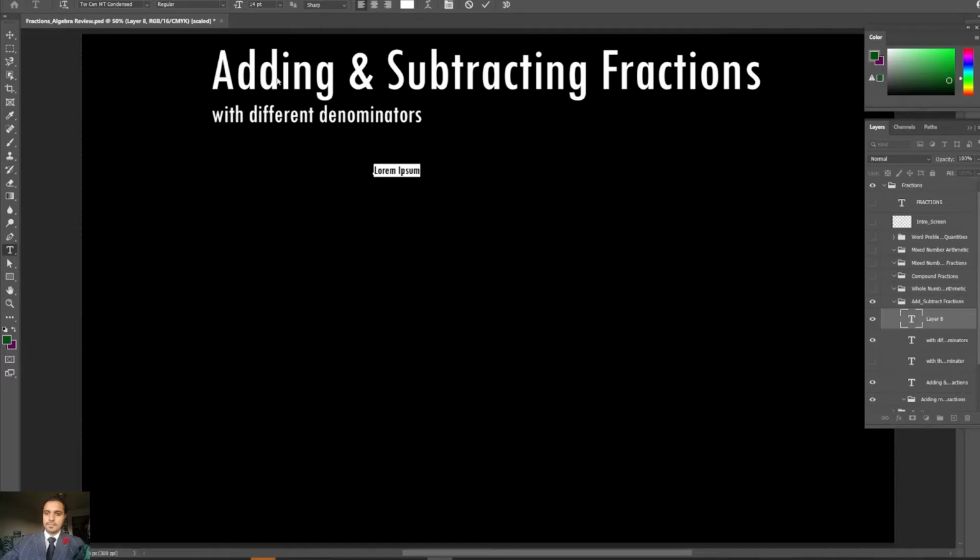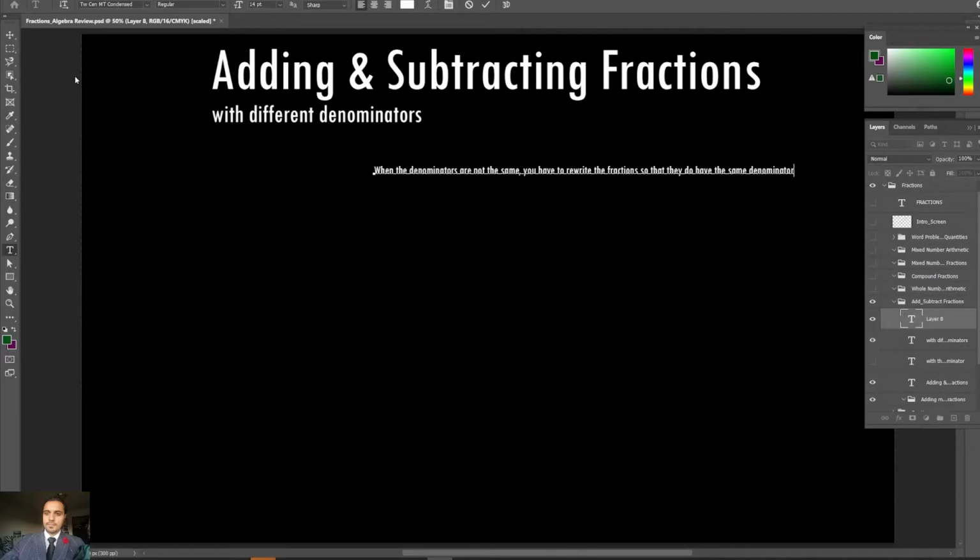When the denominators are not the same, you have to rewrite the fractions so that they do have the same denominator. Why is that? Because once we have the same denominator, we do exactly what we did before. We just add them together. It's easy peasy.